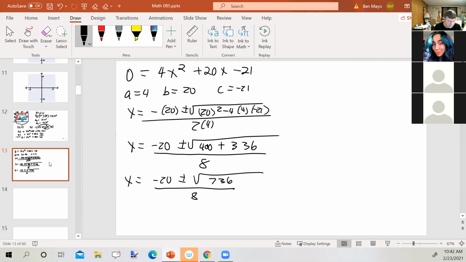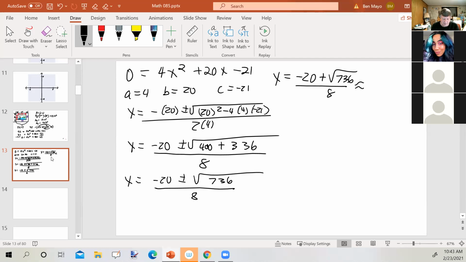Now, let's see if 736 is a perfect square. If I take the square root of 736, it does not come out nice. Now, I don't need to get an exact answer. I just need an answer to the nearest hundredth of an inch. So I'm going to take negative 20 plus the square root of 736 all over 8.